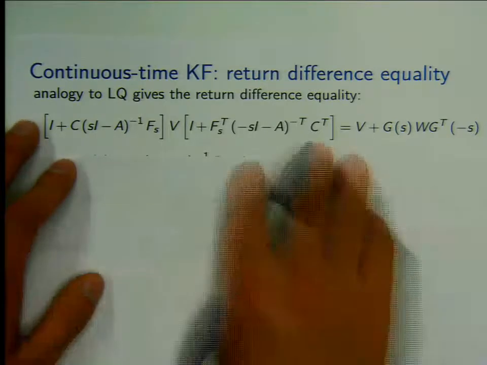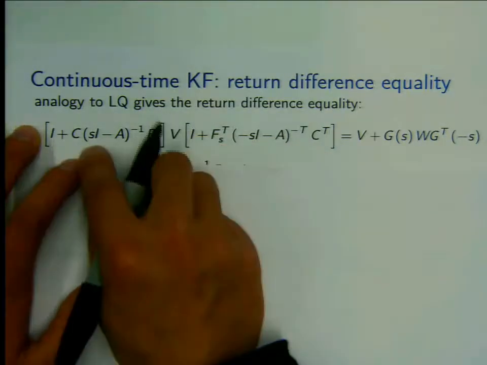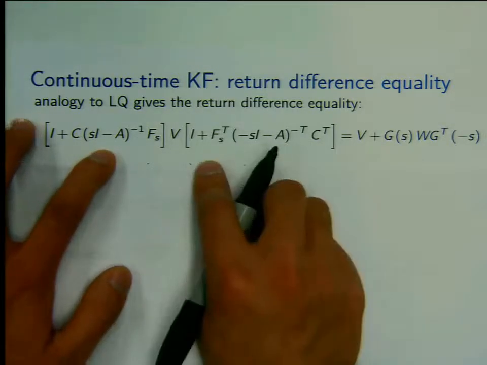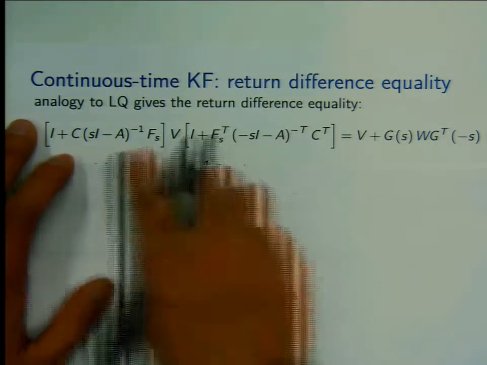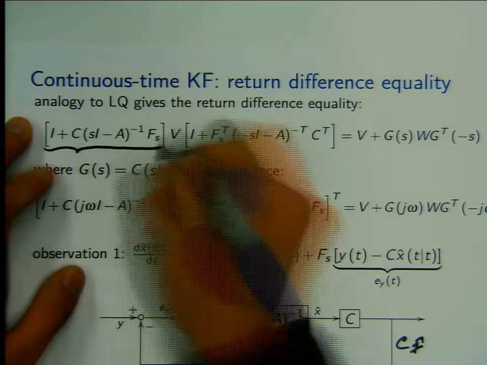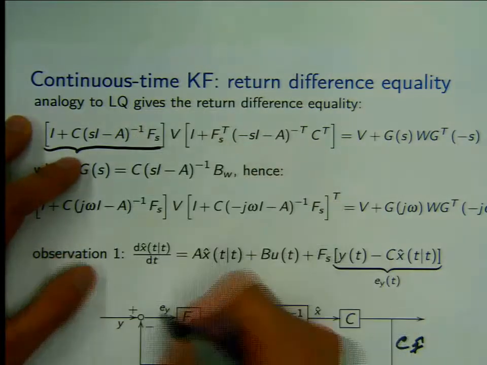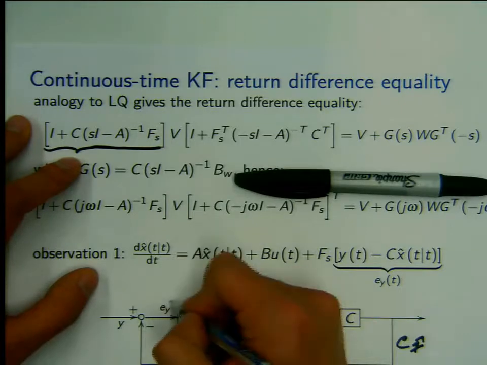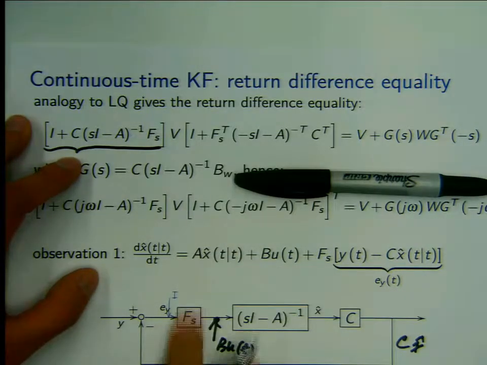Now, we have discussed the discrete time Kalman filter problem has a return difference equality. For the continuous time case, it also has a return difference equality, where this term, again, you see, is the difference between if I inject a signal I here, and then the returning signal is going to be C (sI minus A) inverse F s.